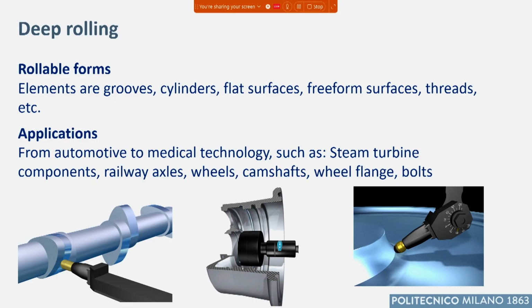Indeed, a classical application of rolling is the crankshaft for cars or for other reciprocating engines, and medical technology and so on. Threads are generally deep rolled if we want to obtain good fatigue strength and so on.